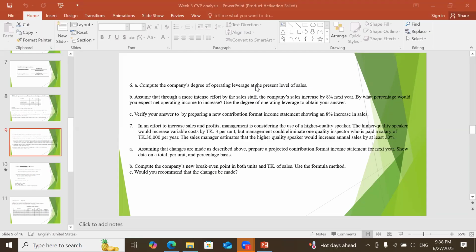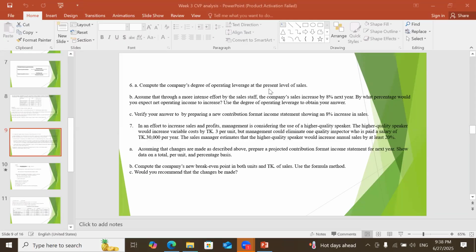This is the reality of the degree of operating leverage. That means there is a relationship between profit earning capacity and sales volume. So the simple formula: DOL, degree of operating leverage, is equal to CM, contribution margin, divided by net operating income, into 100. This is the common formula.